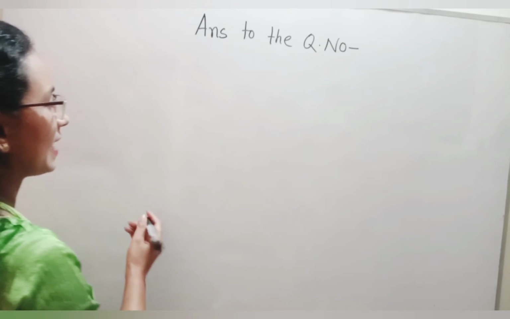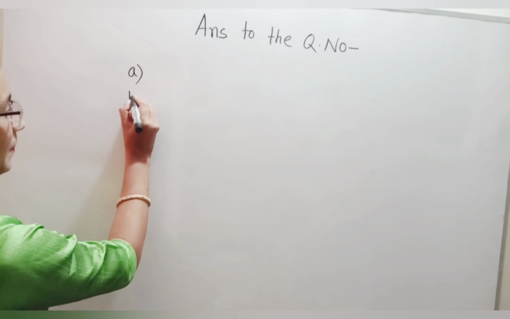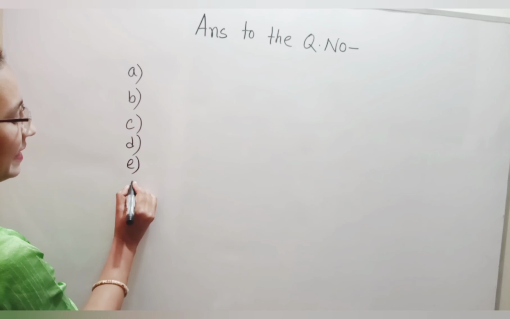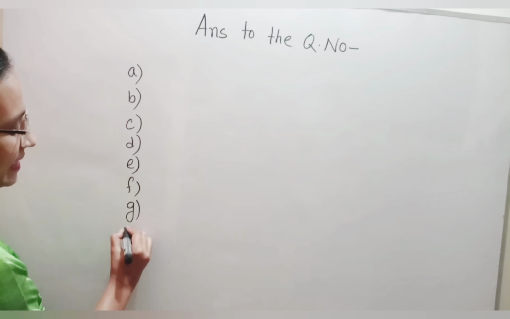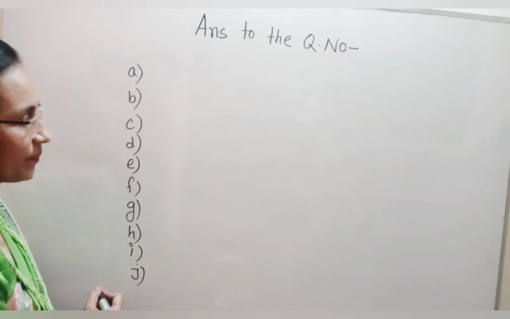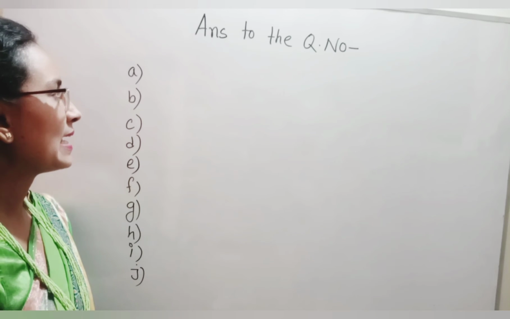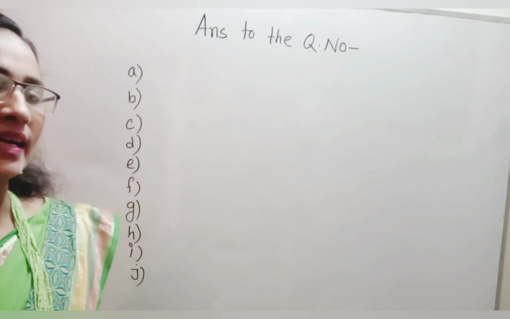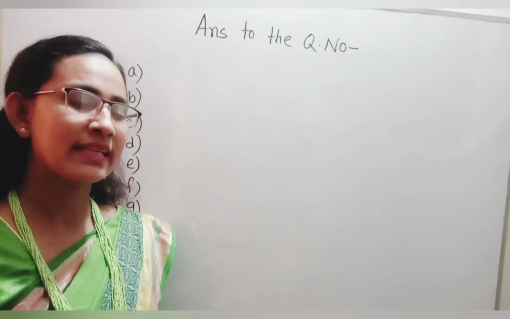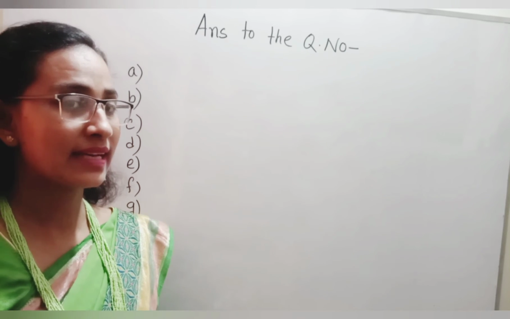Then you will write the answer serially like this: A, B, C, D, E, F, G, H, I, J. Please don't break the serial number. If you think that you are unable to write any answer, then you will pass that number. You will write the answer next one. But never break the serial number.